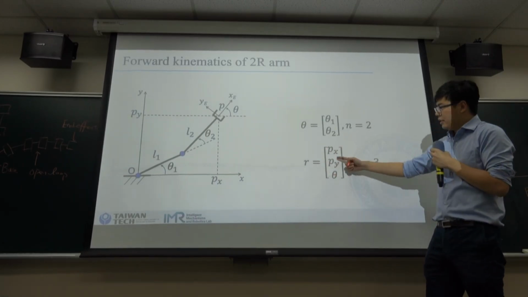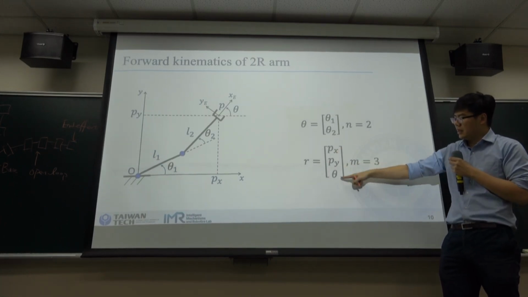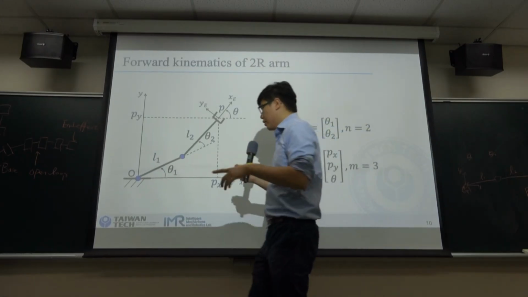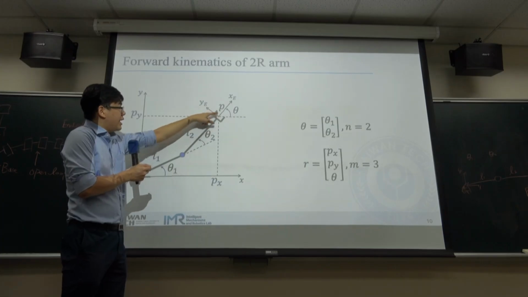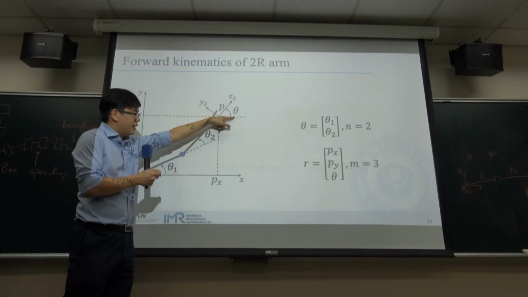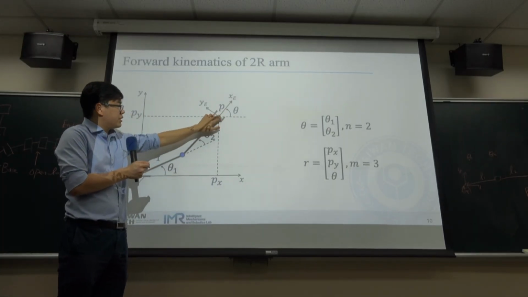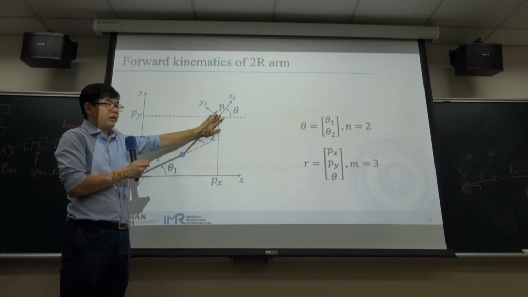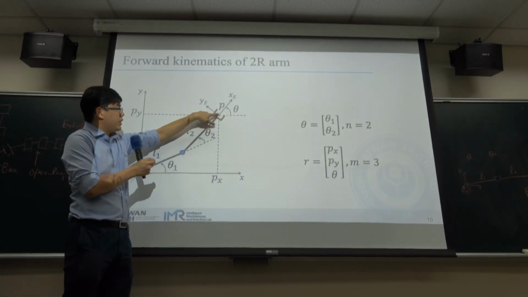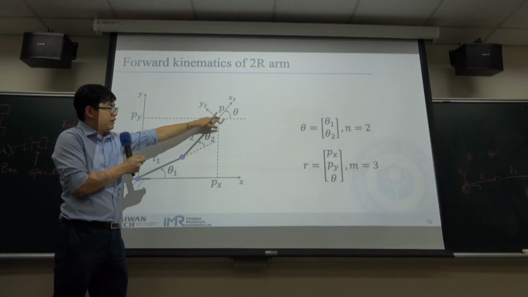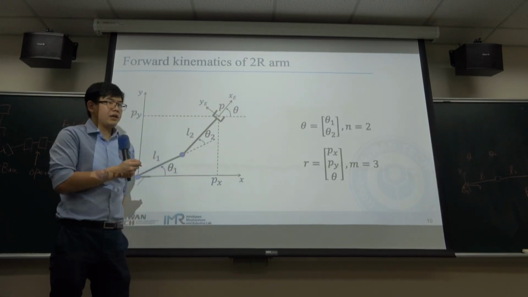For R, we have Px, Py, and theta. For a planar robot, we have 3 degrees of freedom, 3 variables: x, y, and theta. By these 3 variables, we will know the configuration of the end effector. The first two are the position of the end effector, and the last one, theta, gives the direction of the end effector.